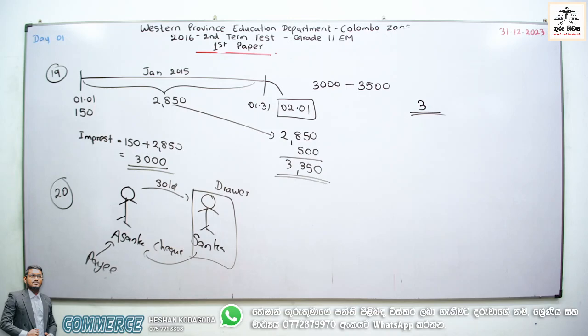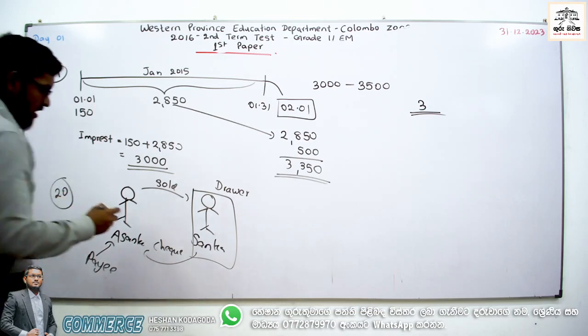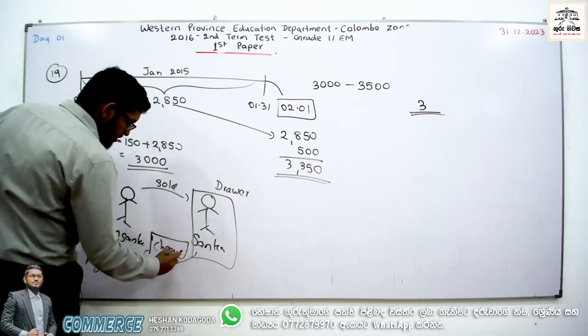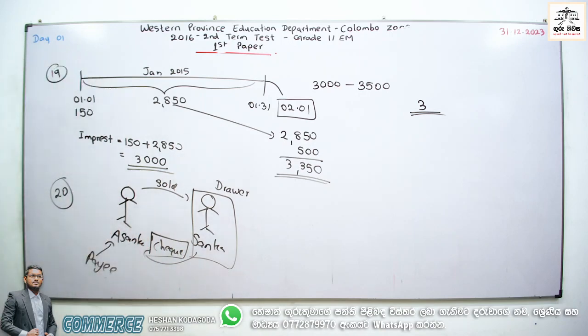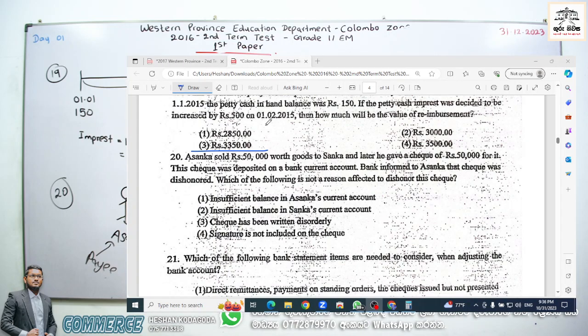Because Sanka handed over the check to Asanka. Now the bank informed Asanka that the check was dishonored. So insufficient balance in Sanka's current account, the check would be dishonored.